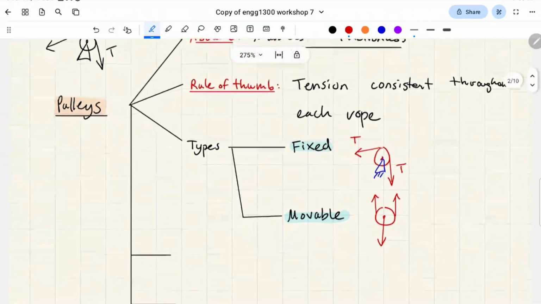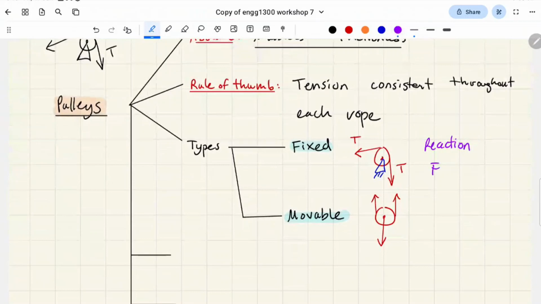Pretty much, the difference is that fixed pulleys will have this hidden reaction force, right? You can think of it like a pin support. And that's how the maths will work out when you're analyzing the free body diagram.